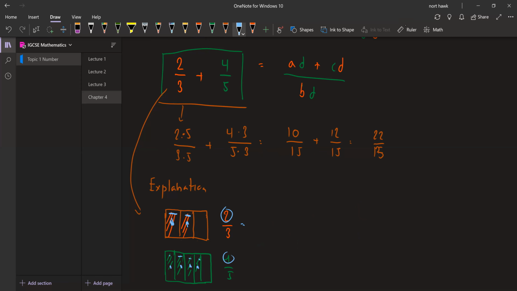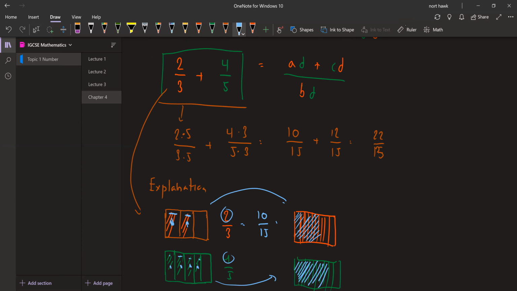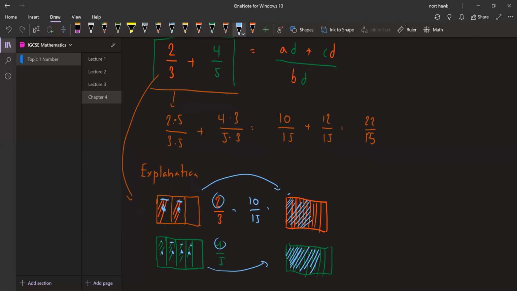When we convert it to 10 over 15, it's the same exact box, but we are dividing it into equal length. This becomes this, this becomes this. Now we can add them together because they're of equal sizes.